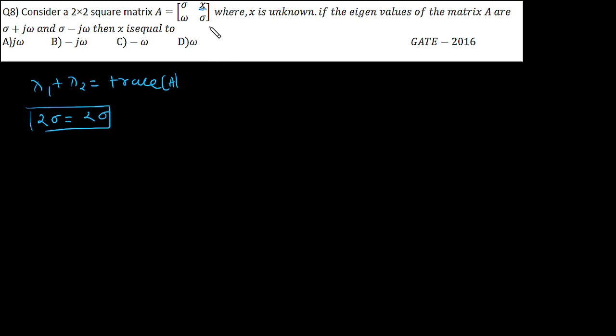So first of all, let's find the determinant, which is sigma square minus omega into x, and on the right hand side we have to multiply these two values: sigma plus j omega into sigma minus j omega. Now you can see it is simply a plus b into a minus b.